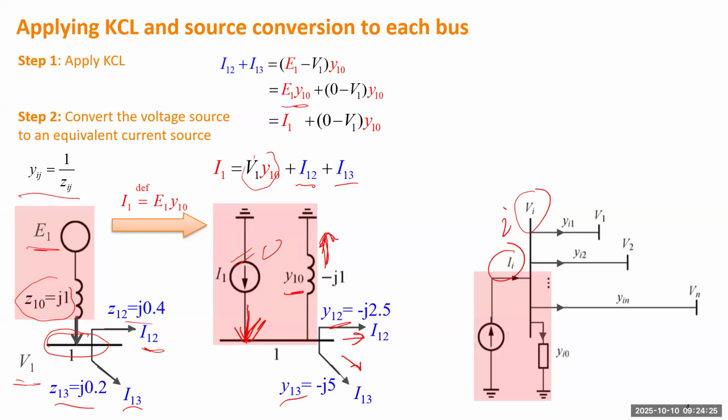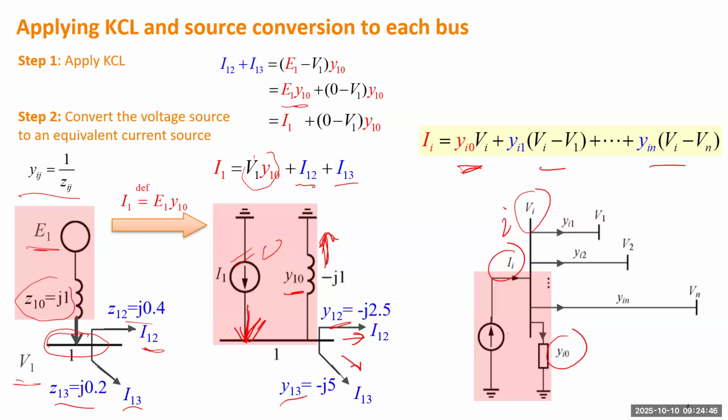And if there is a source, it will have internal impedance, so that will become an admittance to the ground. So for this standard model, we'll have the equation: the left-hand side will be this constant current, and the right-hand side will be the current going to neighbors and also the ground. The first item is the current going to the ground, and the other items will be the currents going to the neighbors. Okay, so when I say neighbors, I just consider any other buses.